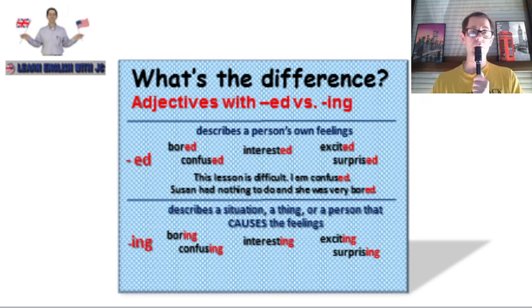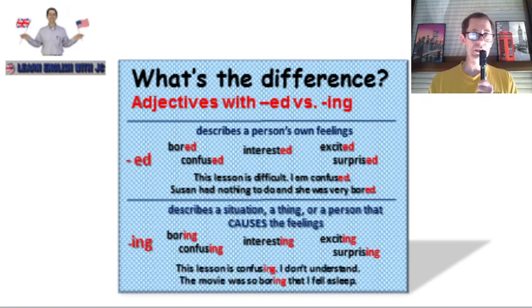Remember, these adjectives ending in ing describe a situation, a thing, or a person that causes the feelings. For instance, we have an example. This lesson is confusing. Ooh, I hope not.